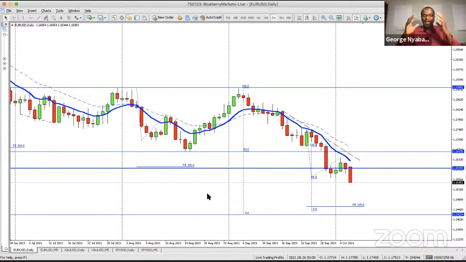You don't want to get a bias that you hold on to so strongly that if you get a reversal on your lower time frames, you are so stuck in the bias that you miss the trades. So get a sense, and if you like to use the word bias, hold on to it very gently, like holding an egg, and be prepared to change your bias if new information comes to you on the lower time frame.